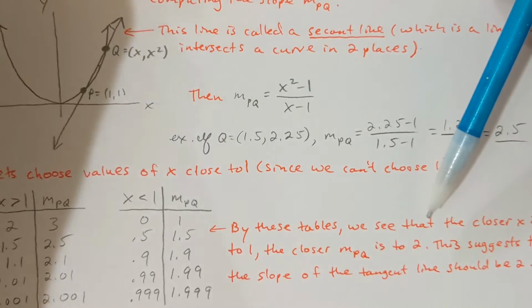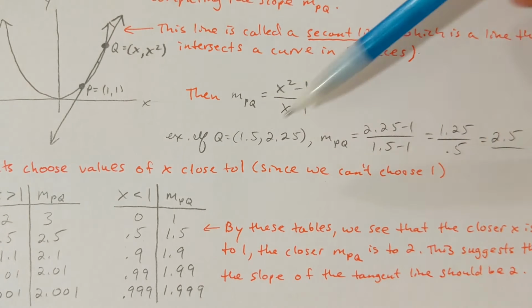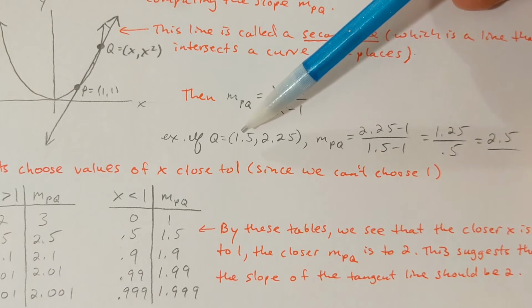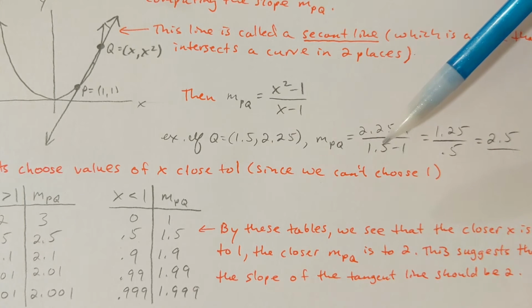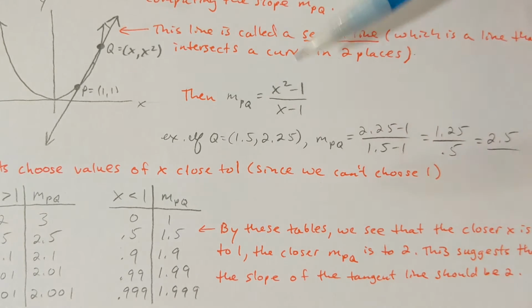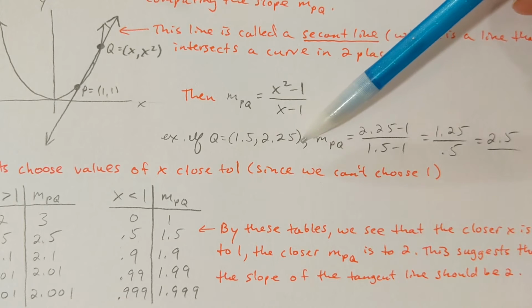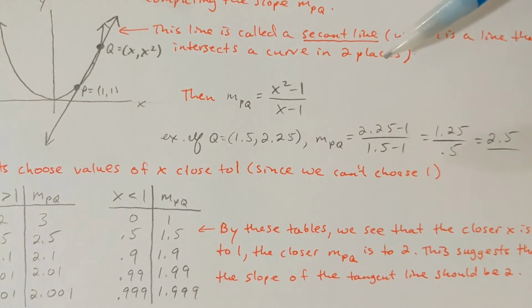Now, if point Q is close to point P, like for example, what if point Q had coordinates (1.5, 2.25)? Okay, like if x is 1.5, if you square 3 halves, that'd be 9 over 4. 9 over 4 in decimal form would be 2.25. Okay, like what if point Q was located at that spot?